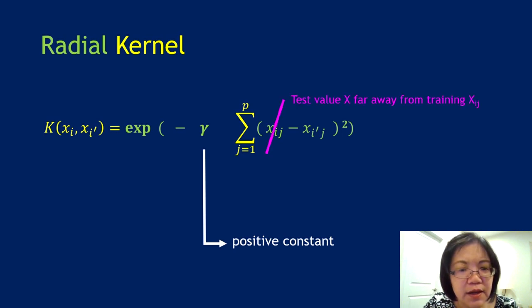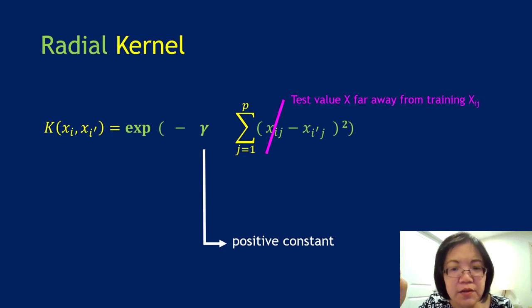So if you think about this, gamma is a positive constant, and when we do testing, we will be given a new test value x, and what the kernel does is it takes the x value and calculates its distance from all the training data points. Again, this is all possible pairs.